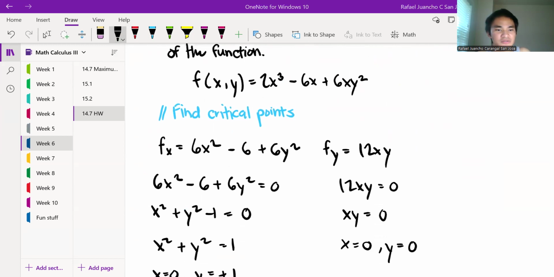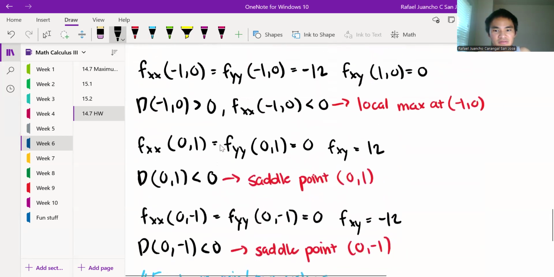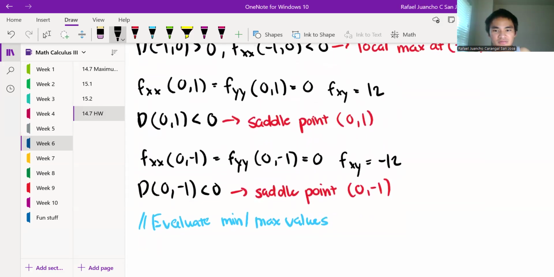My saddle points, I don't actually need to evaluate. I have 2 here, 0, 1, because these are points, right? Then I enter them as comma separated lists, right? So 0, 1 and 0, -1.